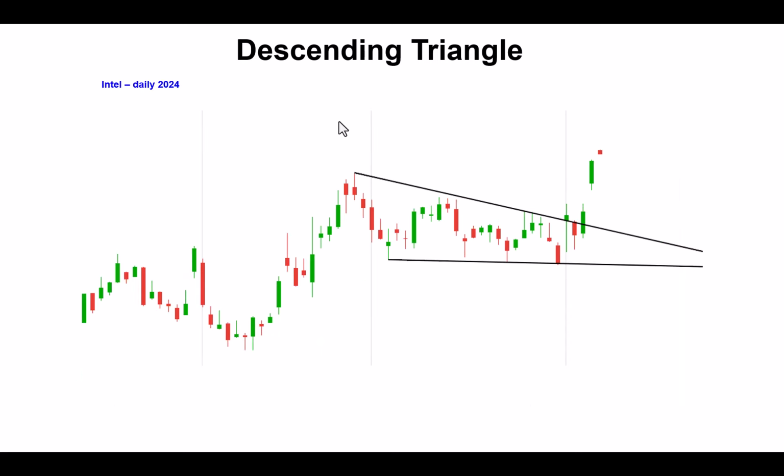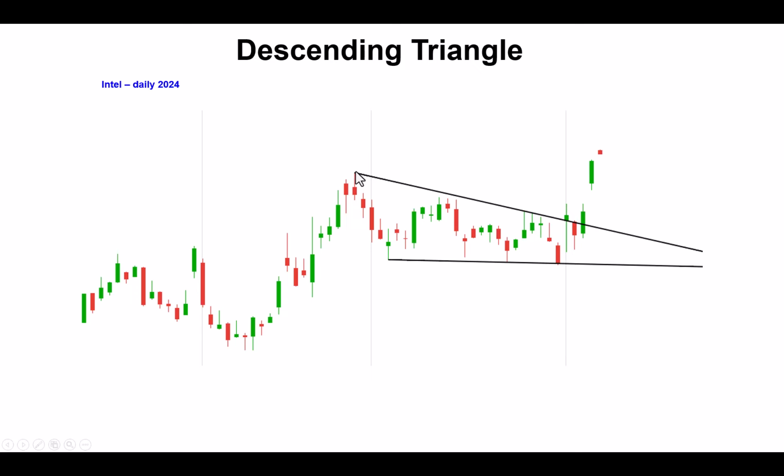Another one, here we have the ascending triangle, and that is actually Intel. There's been a lot of volatility in Intel for a very long time. But then suddenly it has formed this descending triangle with a horizontal line here. You can see it's sloping slightly lower, but it's not sloping enough, so it's actually a wedge. So this is a descending triangle.